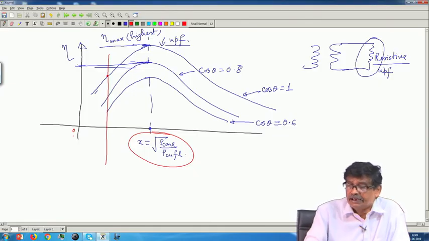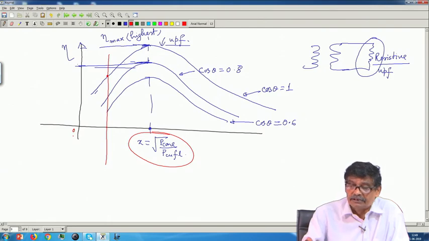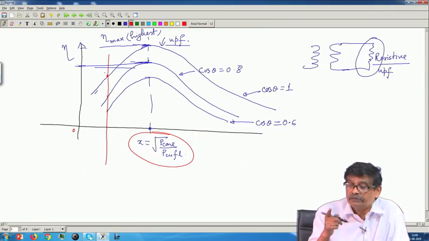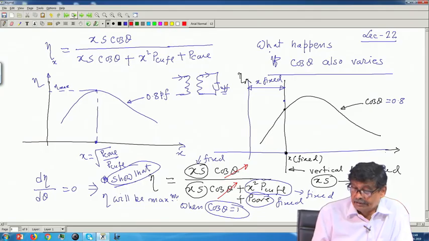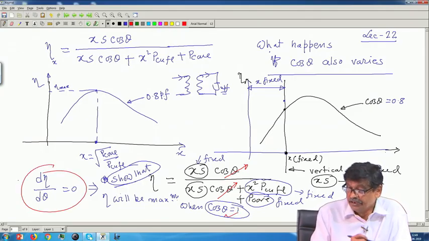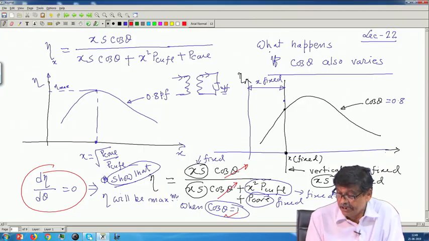So, I have drawn a family of curves with different power factors. Then I told you that I will keep the kVA fixed and would like to see which of these efficiencies will become maximum, and you have been asked to find it out. At cos theta equal to 1, you have to differentiate this expression, noting that now you will not change kVA, only the power factor.